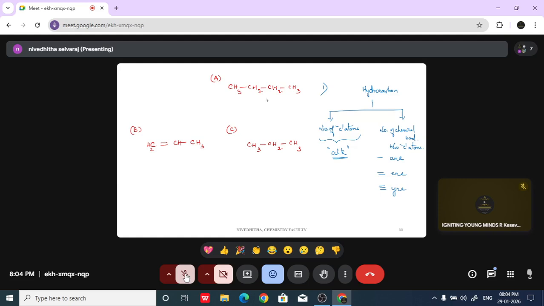Fine. So we'll see what this ALK represents. Generally, ALK represents what? Number of carbon atoms, right, Kana?